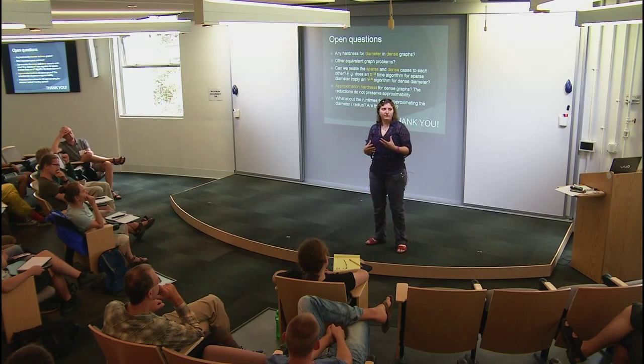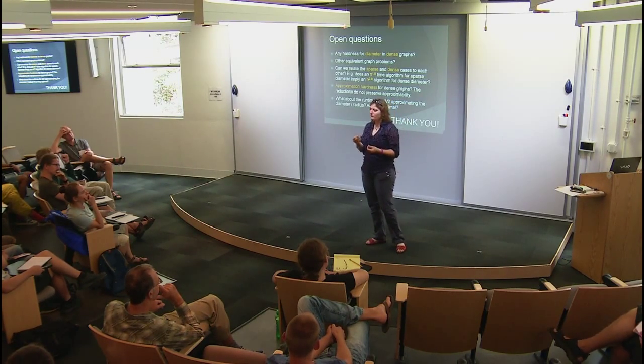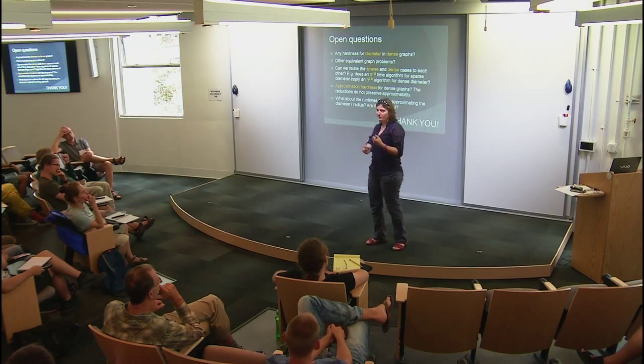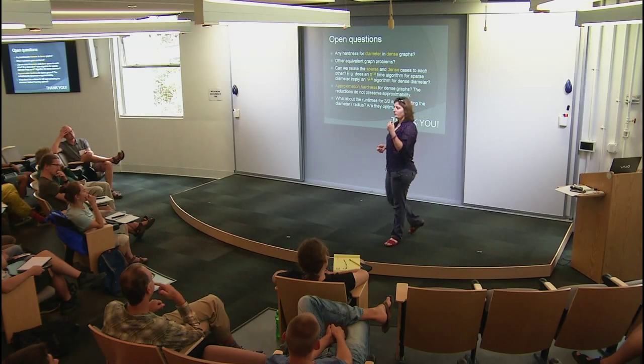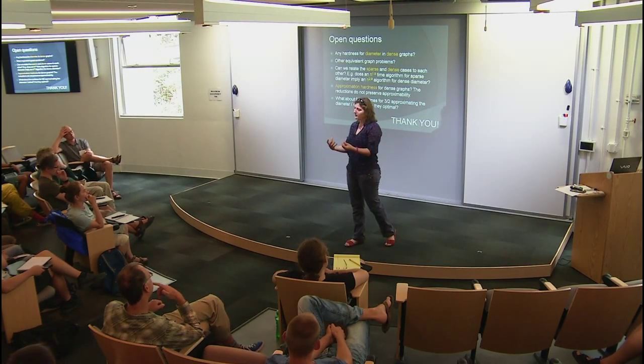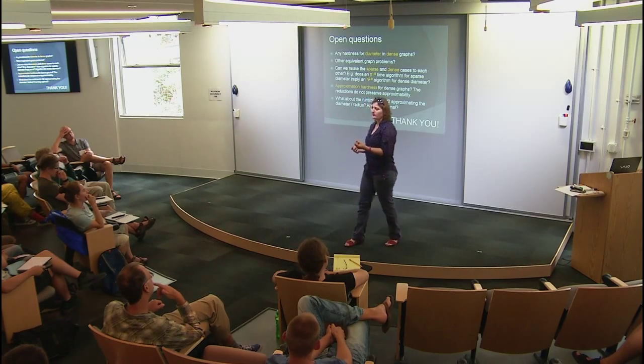There are problems in graphs that are similar to finding a triangle. For example, there's a problem called simplicial vertex. Here you want to find a node such that its neighborhood is a clique.